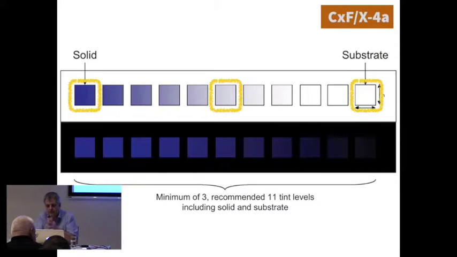You are encouraged for this CxF X4a conformance level to not just have 1 intermediate tone value, but to have 11 tint values combined. So 0%, 100%, and then 9 values in between. That would be 10% increments between the steps. But only 3 are required for CxF X4a.